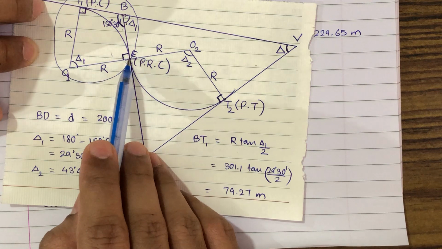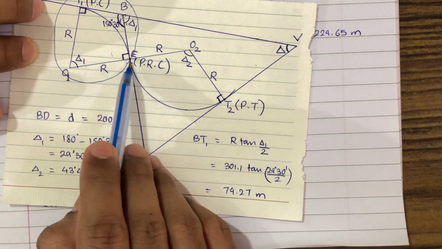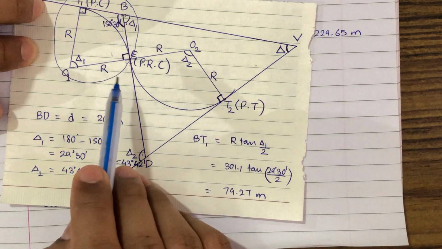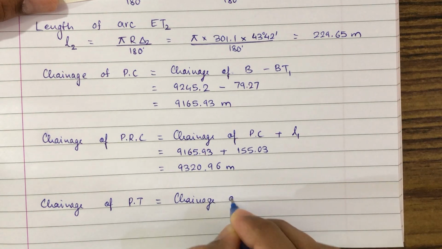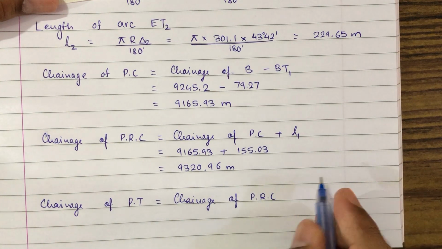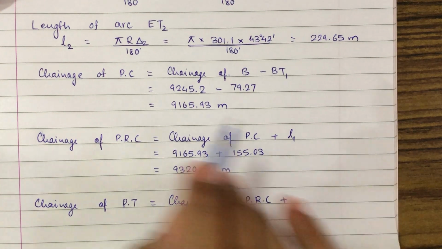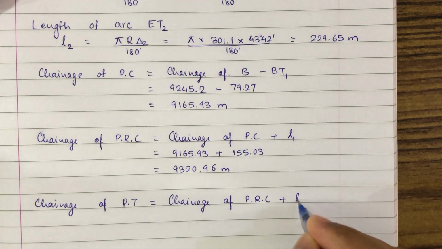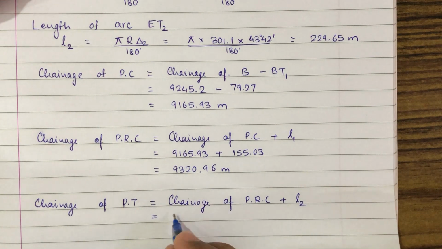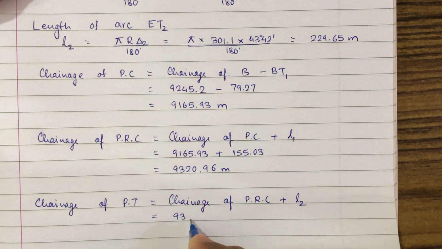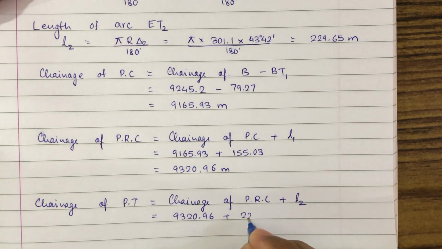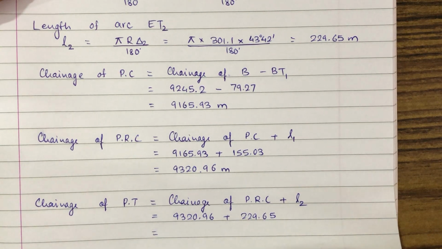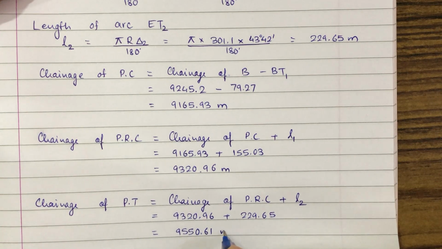That can be found out by the chainage of this PRC plus the length of arc ET2, which is L2. The chainage of PRC is 9320.96 plus L2, which is 229.65. On calculating, this value comes out to 9550.61 meter.